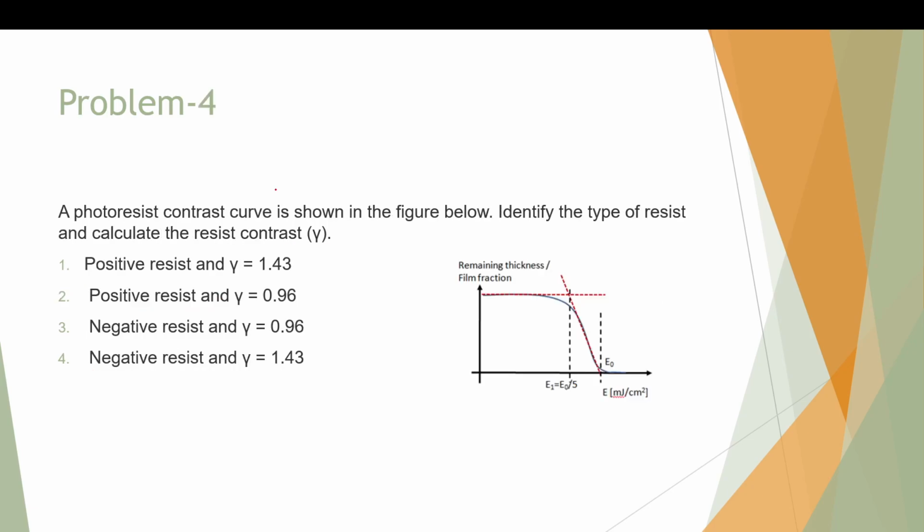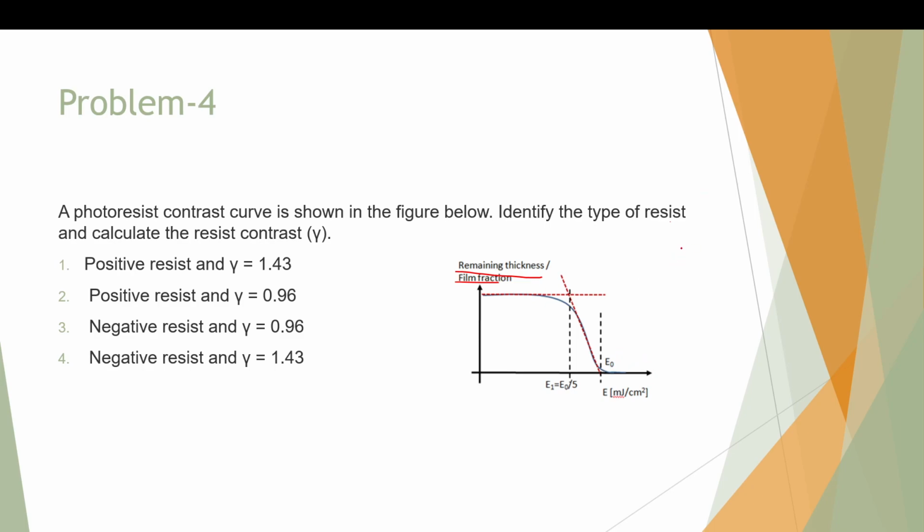A photoresist contrast curve is shown in the figure below. Identify the type of resist and calculate the resist contrast. If we look here, at the higher energy, the thickness of the resist film is going down.